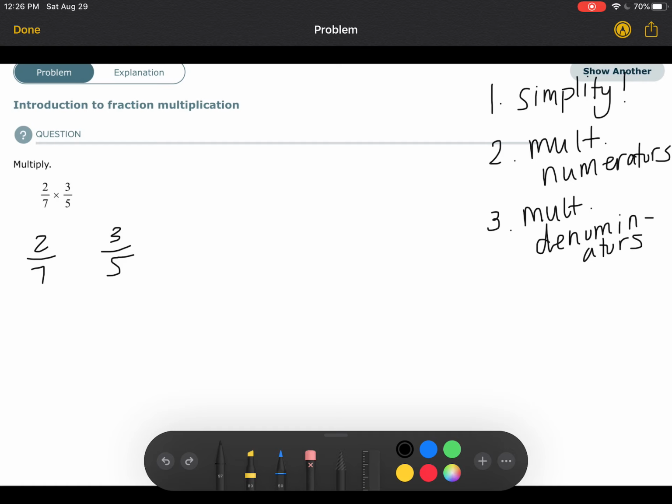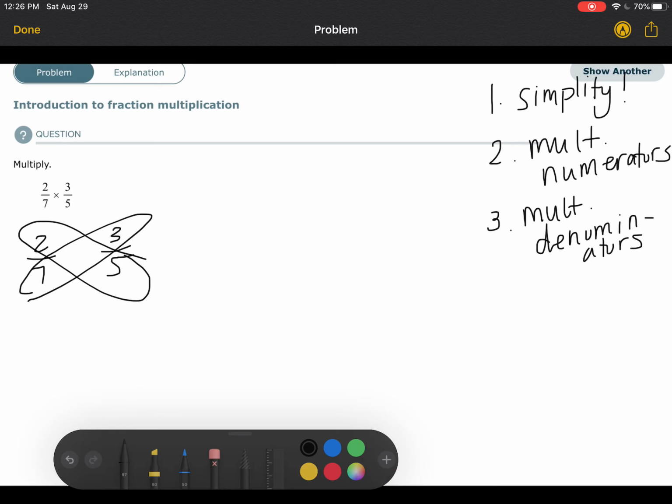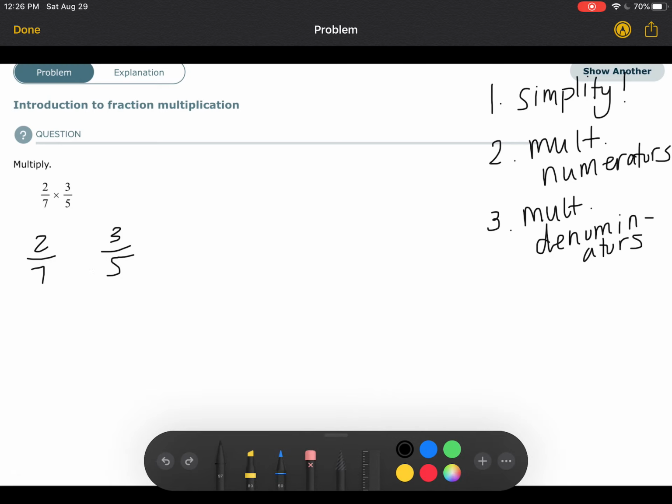A lot of people don't know that they can look at any numerator and denominator that is there. So I'm going to look here, and it says 3 and 7, and you can't simplify 3 into 7, and you also can't do 2 and 5. Because I've checked this, I don't need to go any further into checking to see if I can simplify. So I'm just going to go straight into the rest of it.